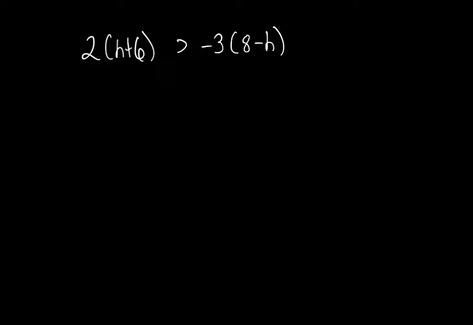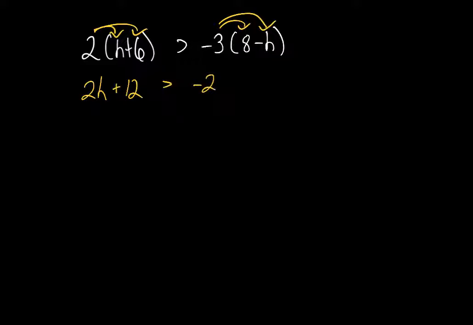All right, let's see how you did here. First thing is you need to distribute. So 2 times the h, 2 times the 6, 2 times h is 2h, 2 times 6 is 12. Bring down the greater than. Distribute the negative 3, negative 3, negative h.